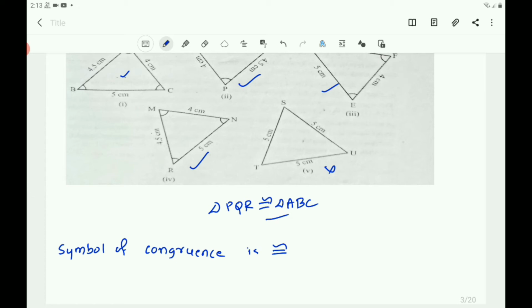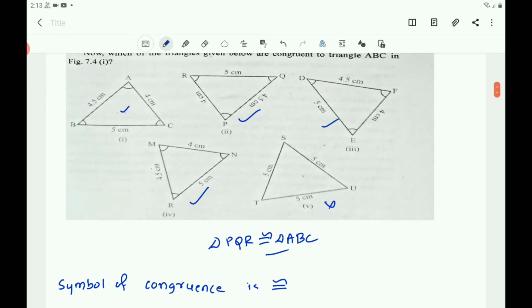Notice that when triangle PQR is congruent to triangle ABC, then sides of triangle PQR fall on corresponding equal sides of triangle ABC. That is the case for all triangles. The corresponding sides fall on and cover each other.